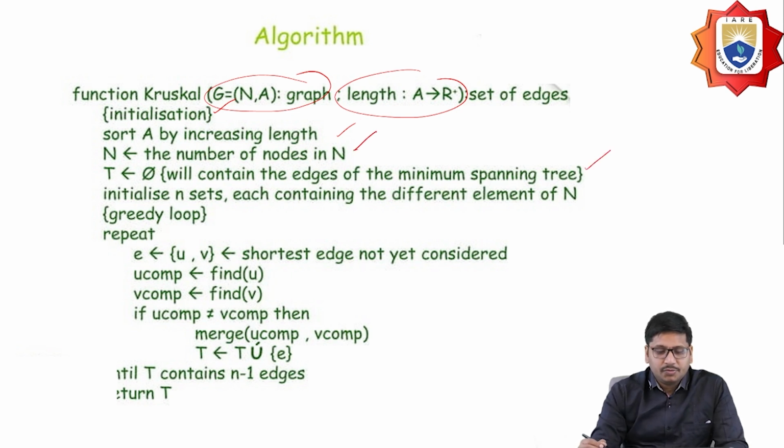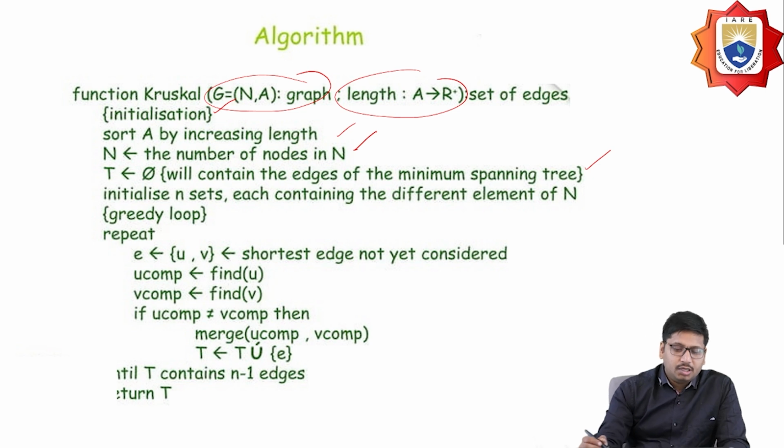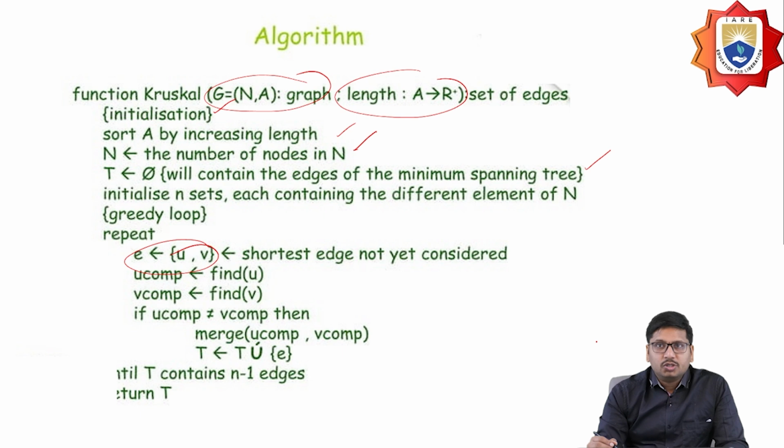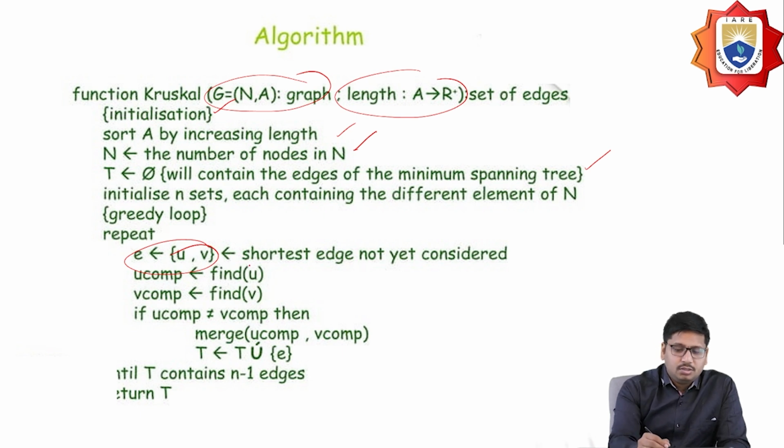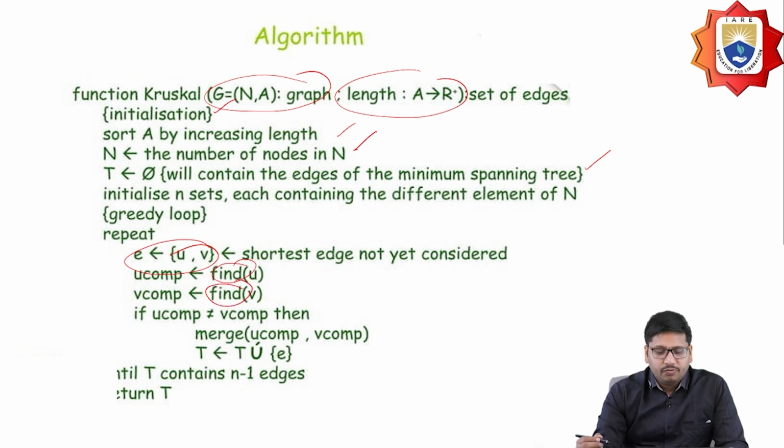And initialize the n sets, each containing a different element, and apply the greedy algorithm, and find the shortest edge not yet considered, and then assign this edge. If it is not in the tree, add it to the subtree until the edges are exhausted.